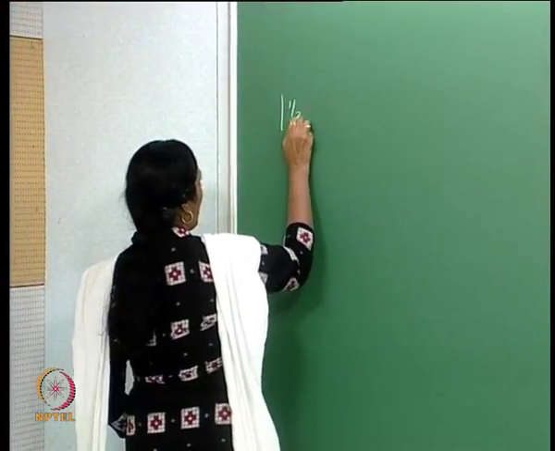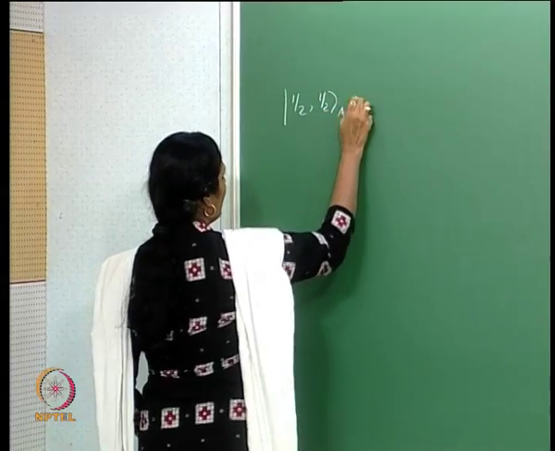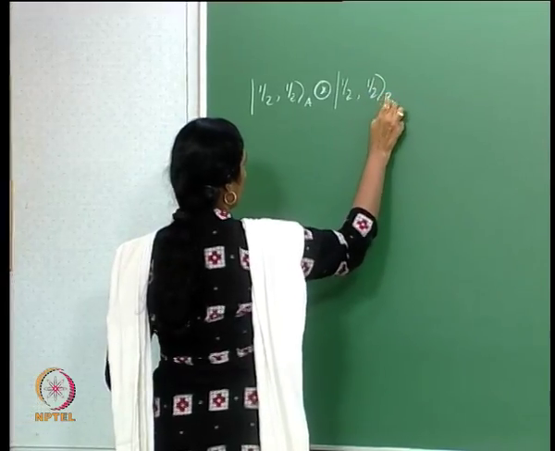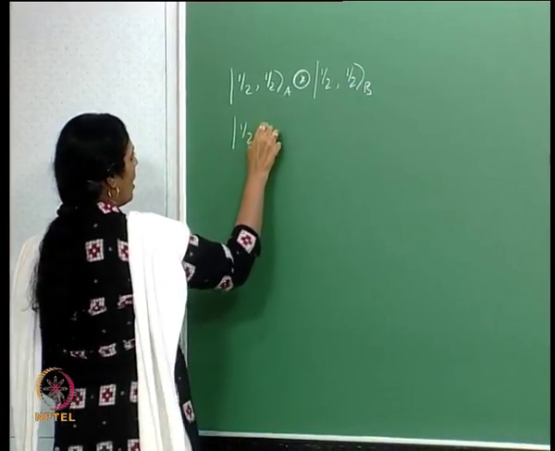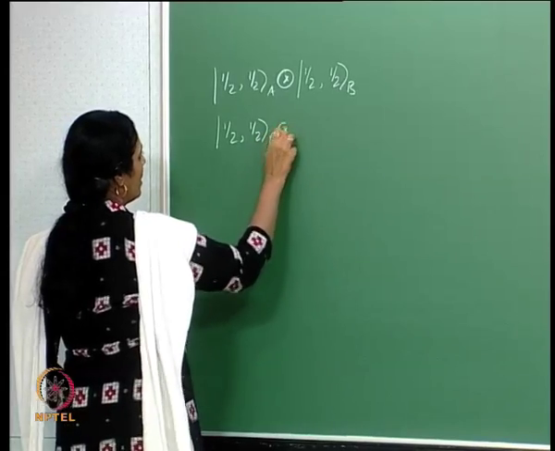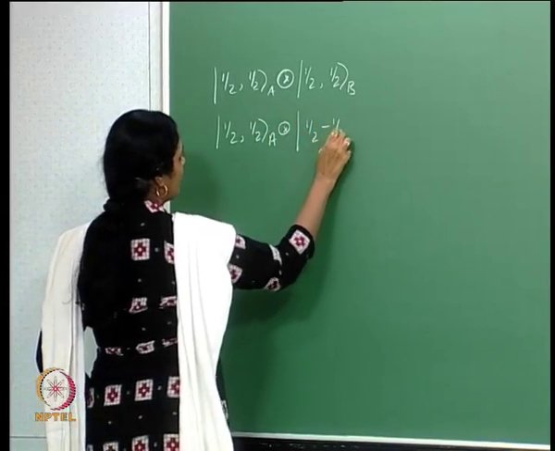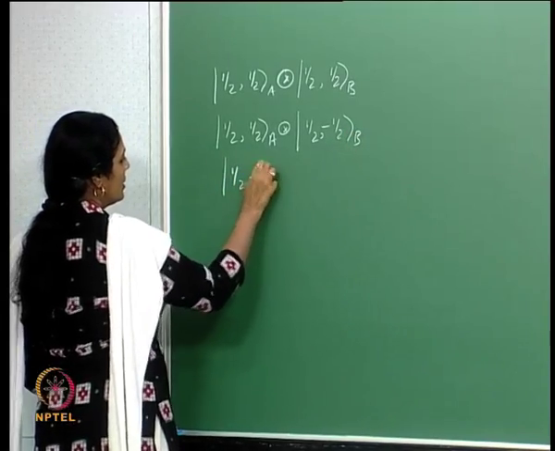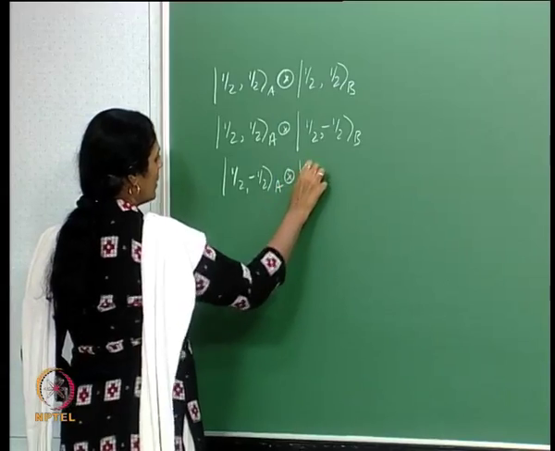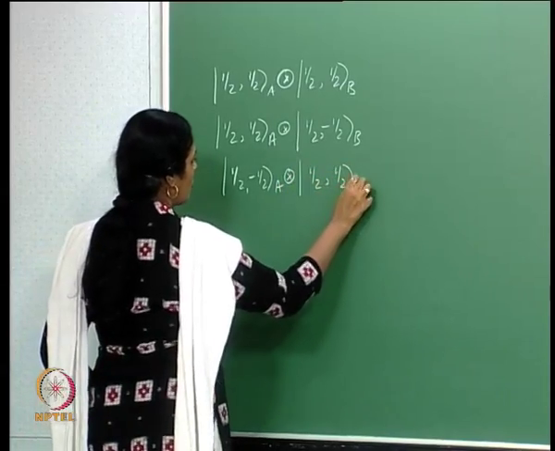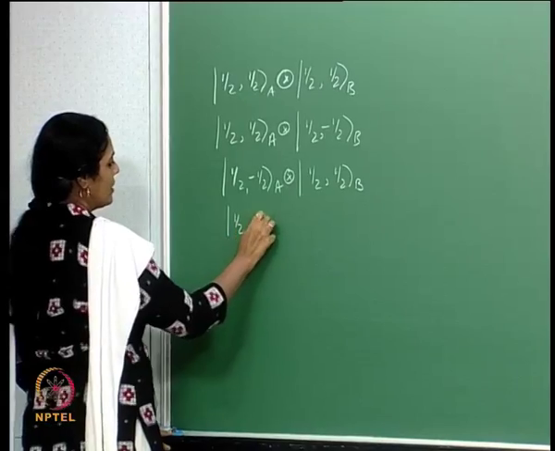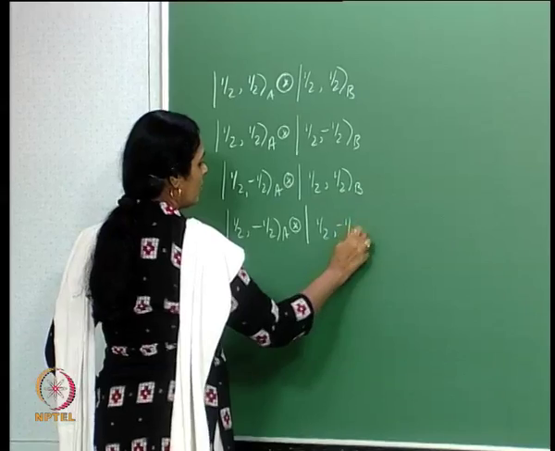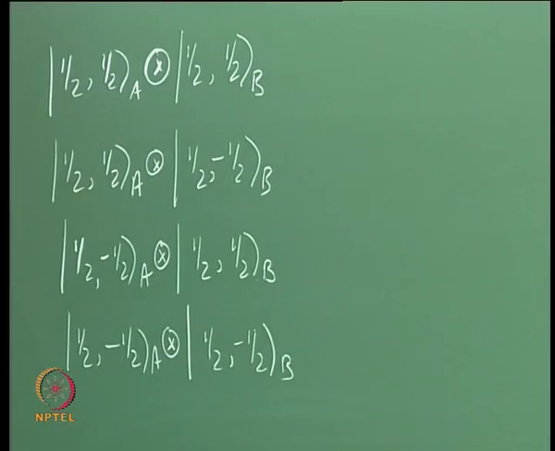They would be half half of A, half half of B, half half corresponding to A with half minus half corresponding to B, half minus half corresponding to A with half comma half corresponding to B, and half minus half corresponding to A with half minus half corresponding to B. So, I have 4 states.